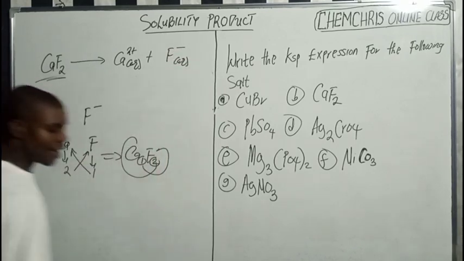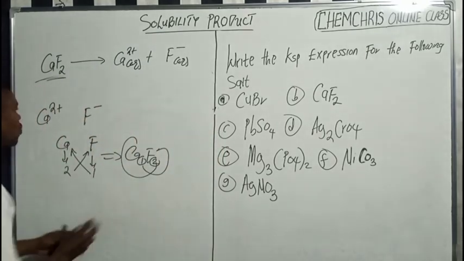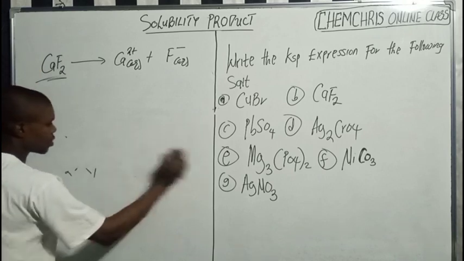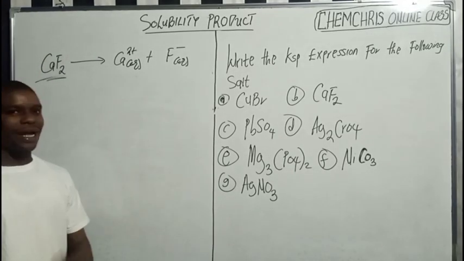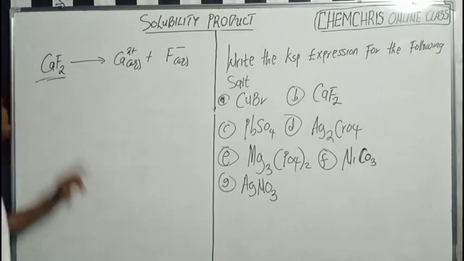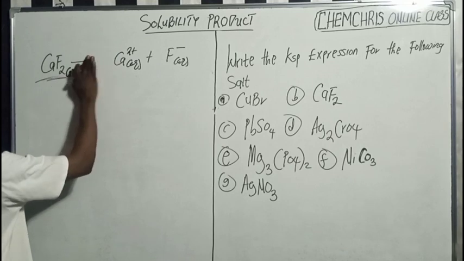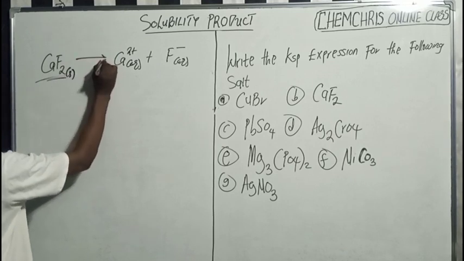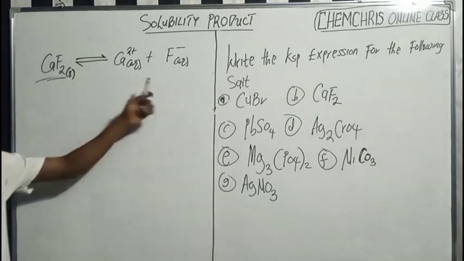That is it. Now the next thing you want to do is write a balanced chemical equation. How do you write a balanced chemical equation? Remember the calcium fluoride is solid, and it's a reversible reaction, so solid, aqueous and aqueous.